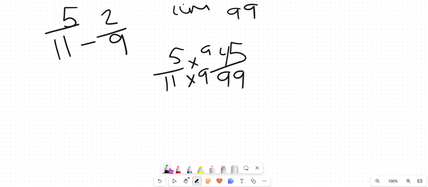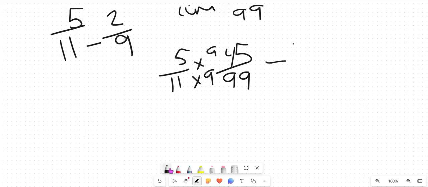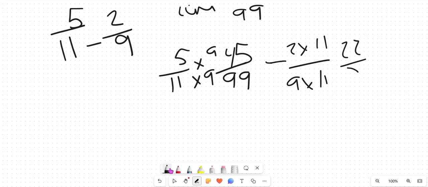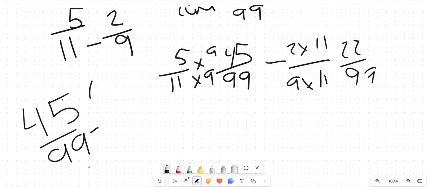On the second side, we're going to do times 11, 2 times 11, and 9 times 11, 22 over 99. So we have 45 over 99 minus 22 over 99. And this is in its simplest form because 23 is not a factor of 99 and is a prime number.